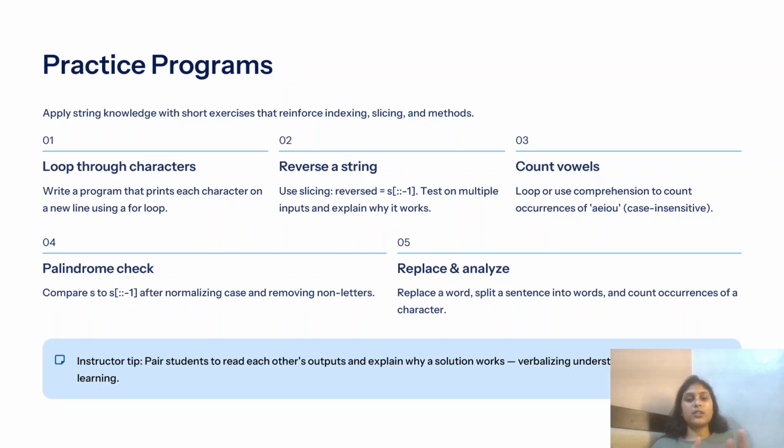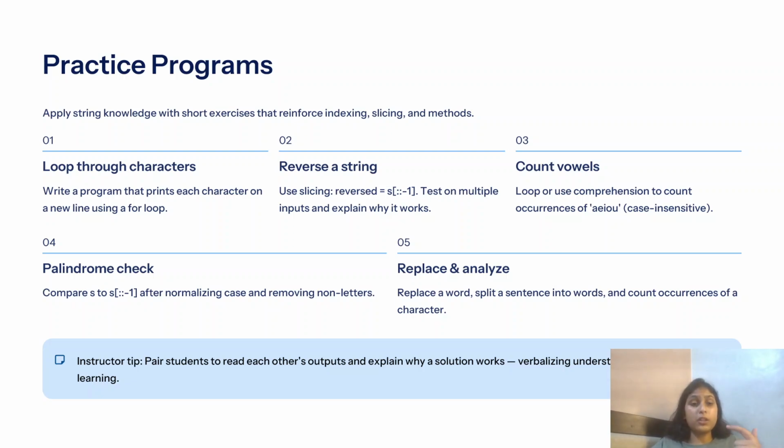Now, reversing a string I have already told you. Palindrome and reversing a string are almost similar. In palindrome, you have to use an if-else statement to check if the given string is equal to the reverse of it. Okay, so that is a palindrome. These two tasks would be performed by you, and looping through characters would also be performed by you.